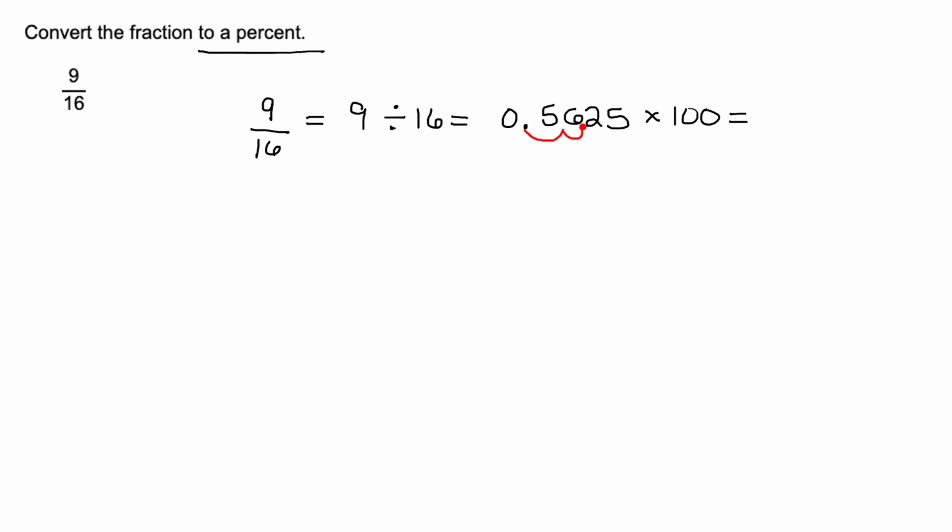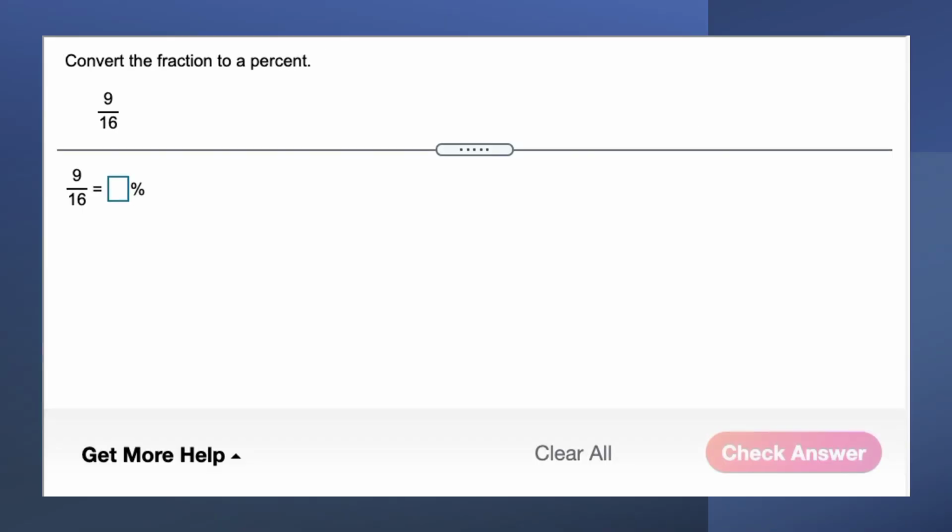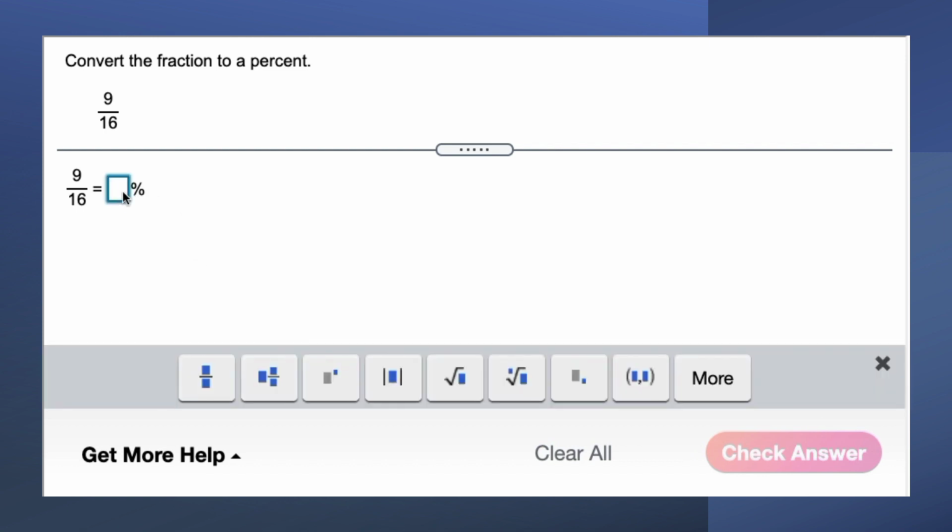So my percent is 56.25%. The answer to this problem is 56.25%. The percent symbol is already in MyMathLab, so all we need to type in is 56.25.